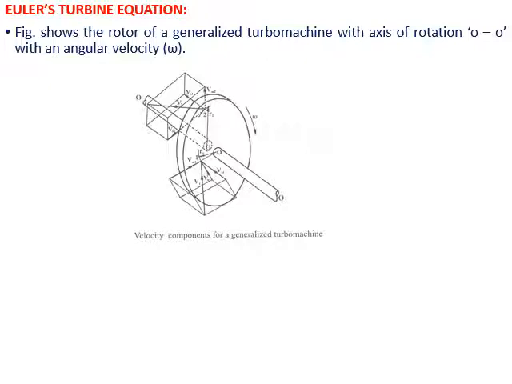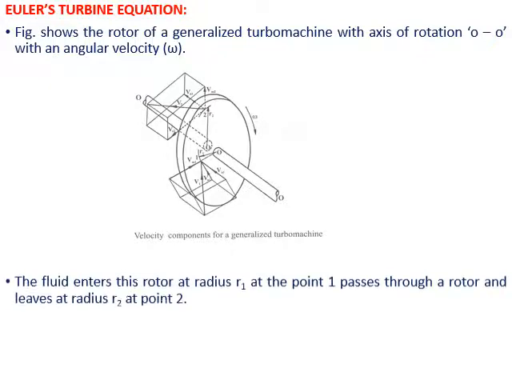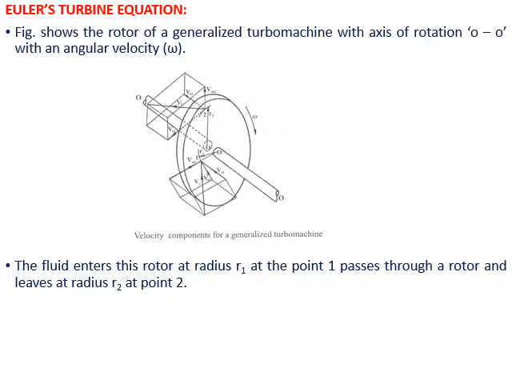Now here the fluid inlet is taking place at the radius R1 and the exit of the fluid is taking place from the rotor at the radius R2. The fluid enters this rotor at the radius R1 at point 1, passes through the rotor and leaves at radius R2 at point 2.